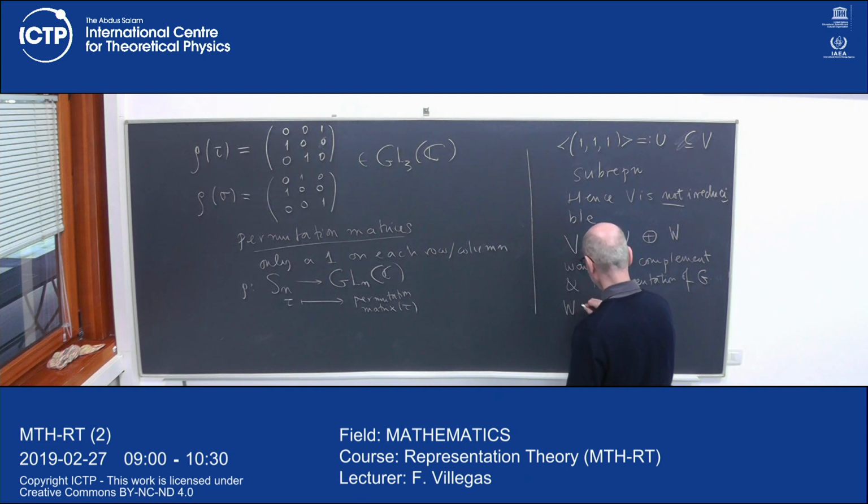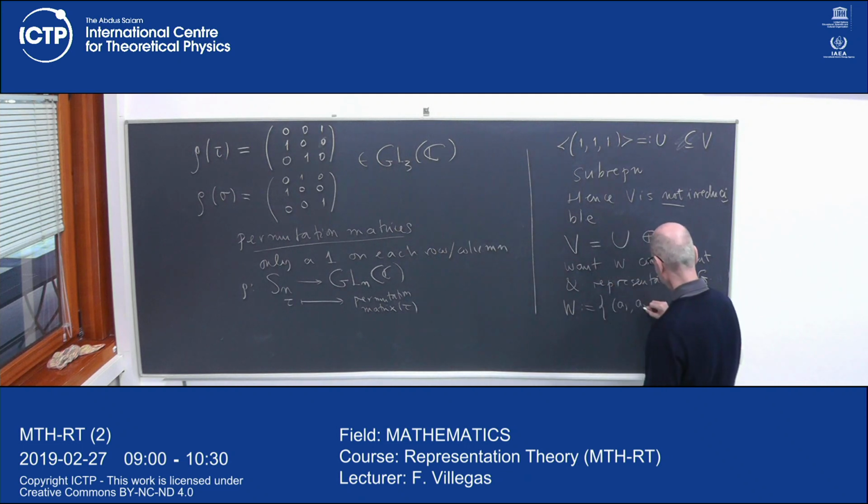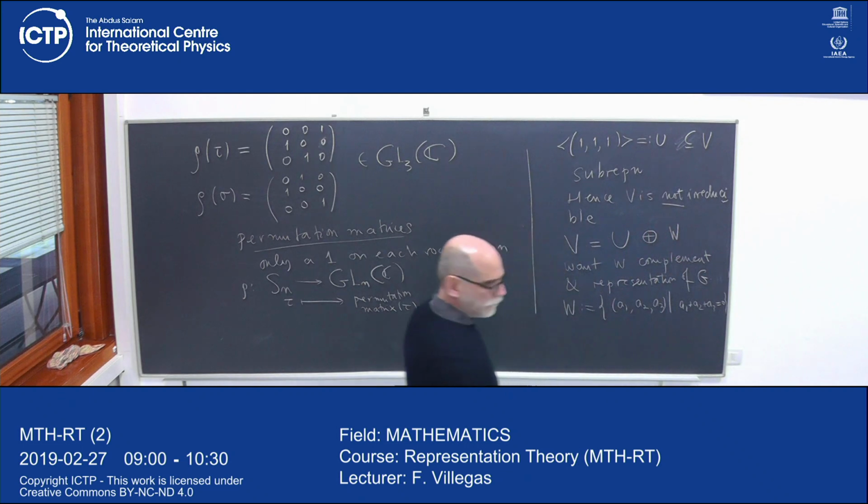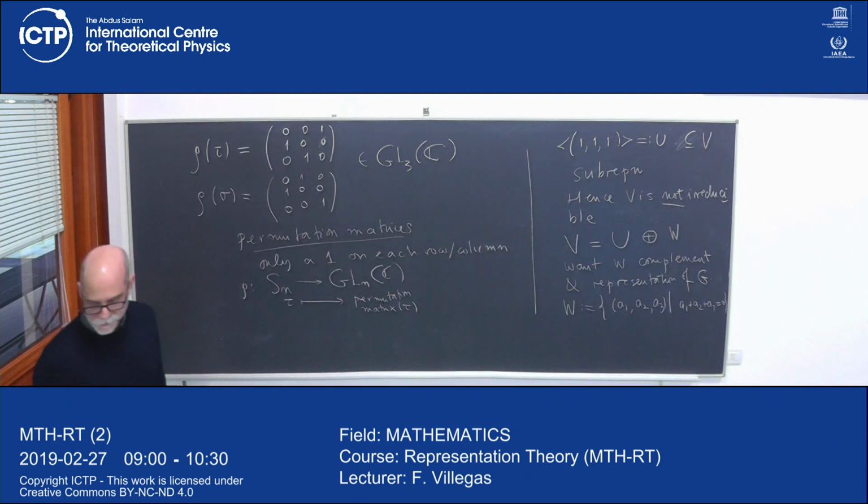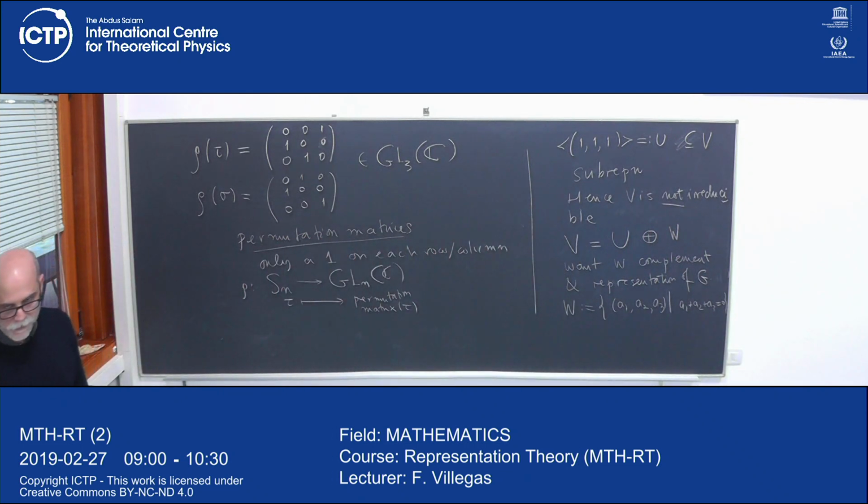So indeed, we're using A1 to A3, so I can take W to be the triples in a vector space such that the sum is 0. Because the group permutes the coordinates, the sum stays the same.